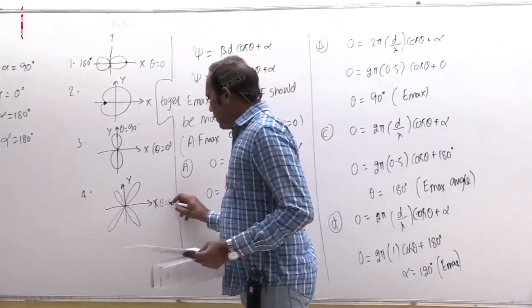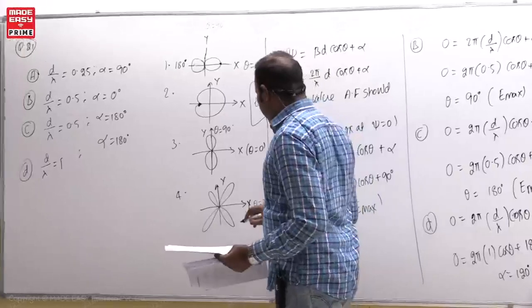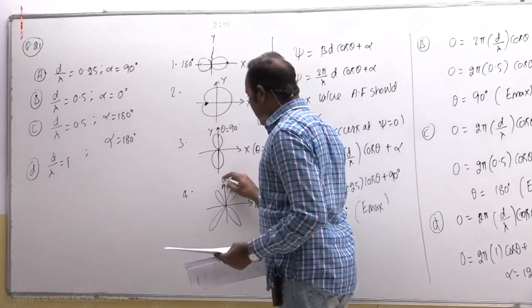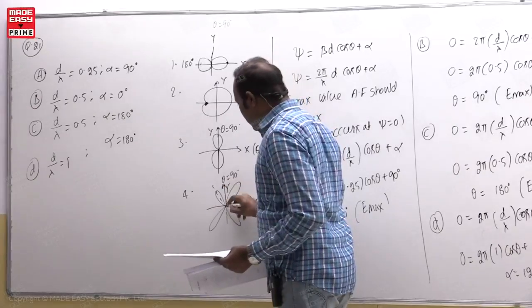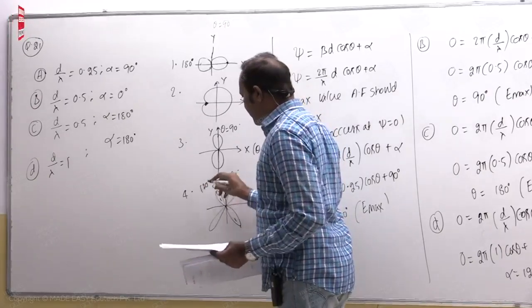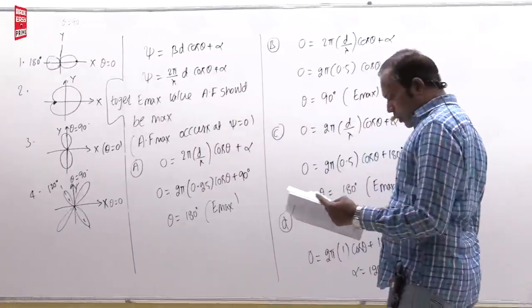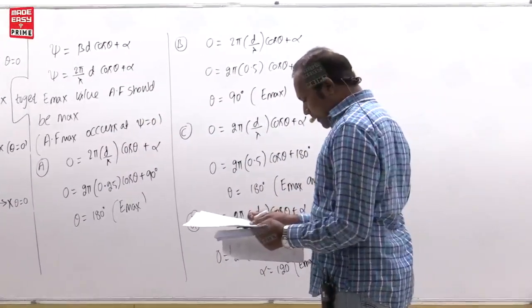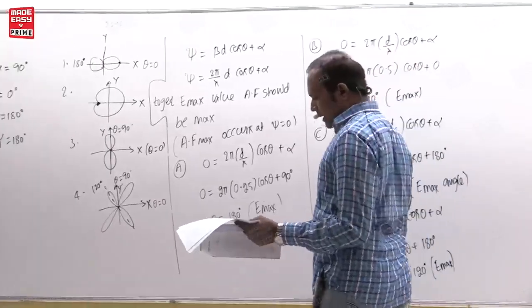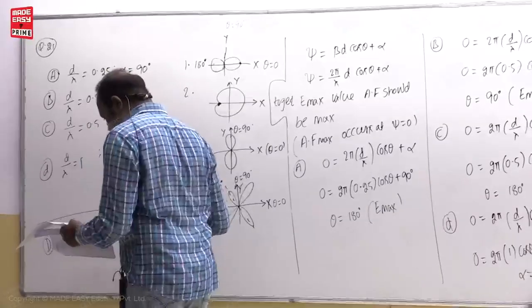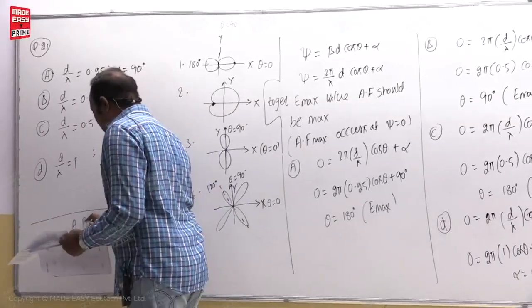This is 0. This one is actually 90. Why? Theta 90. This is actually 120 degrees. Right? So that is matching with the fourth one. So option D is the correct one. Option D, what is given, student?